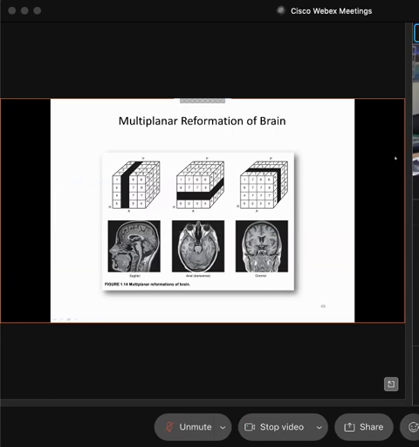How do we view an axial image? Inferior to superior. So I'm looking and pointing right here. Is this the left or the right side of the patient? Left side. It is the left. And it's kind of similar, isn't it?